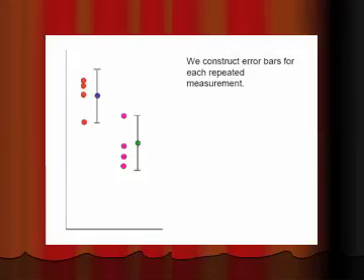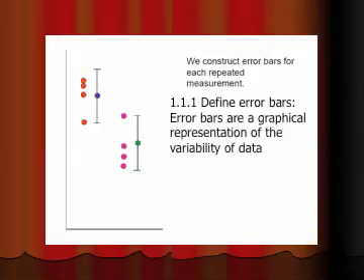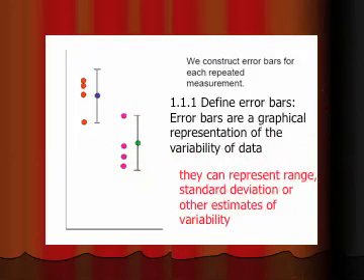One of the first things that you are going to see in the biology guide is 1.1.1, define error bars. Error bars are a graphical representation of the variability of data. That means with the error bar, you can represent graphically how much variation there is in your data, how different your values are from each other.